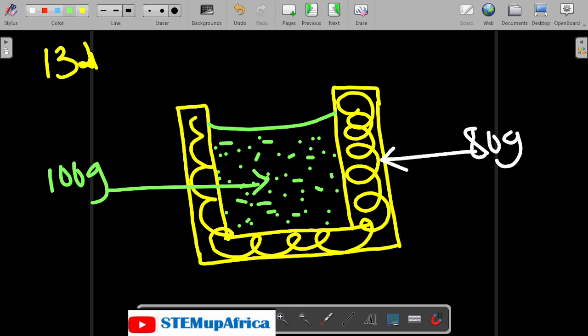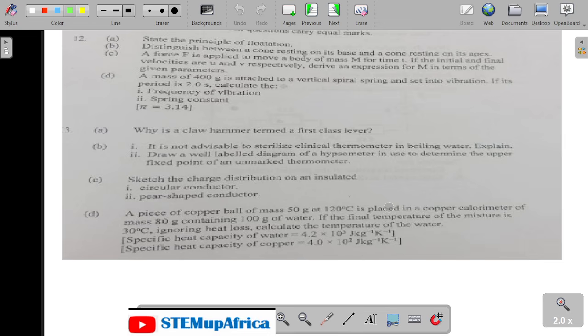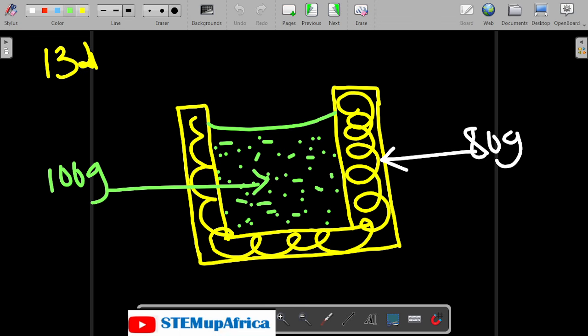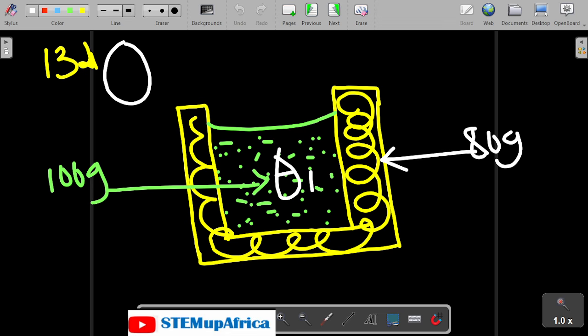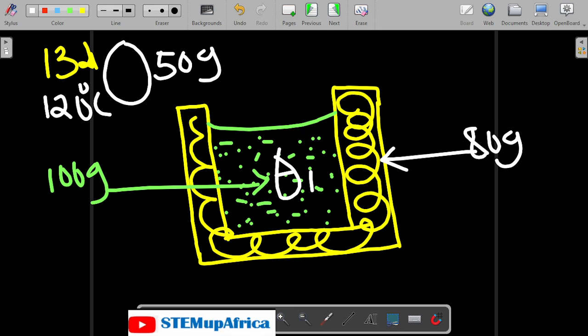Okay, and go back to the question. The temperature of the mixture is 30. So what is the temperature of the water? They didn't give it to us. So let's take the temperature of the water as θ1. Like this is a copper ball of mass 50 grams, and the temperature is 120 degrees Celsius.